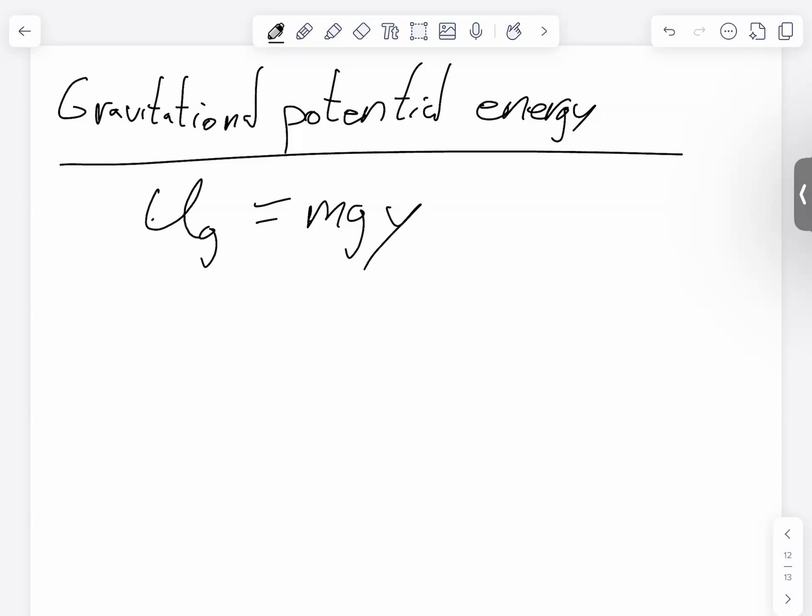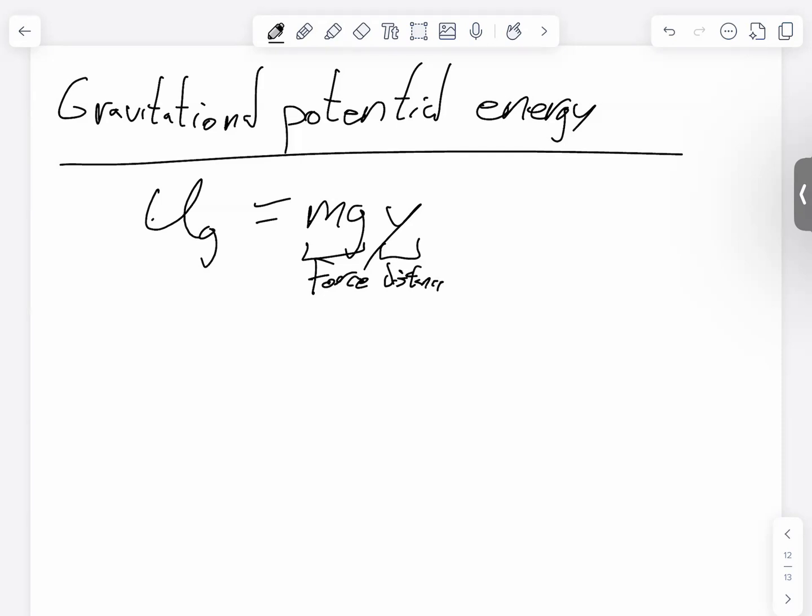What's mg? I mean, seriously, mass times field is weight. What's y? What did I describe y as earlier? Distance up, vertical height. Hey, hey, hey. So I've got a force times a distance. That looks a lot like a work, doesn't it?